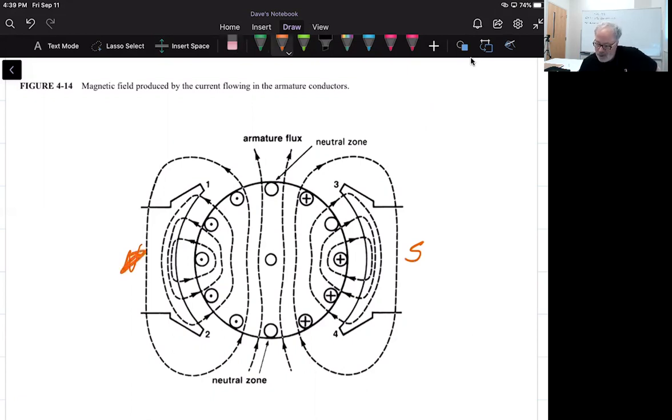So even though the pole flux generated from the north and south pole is constant in most cases, the armature flux, which is the magnetic flux generated by current flowing through the armature conductors, is variable. It's not constant, but it varies with the load.